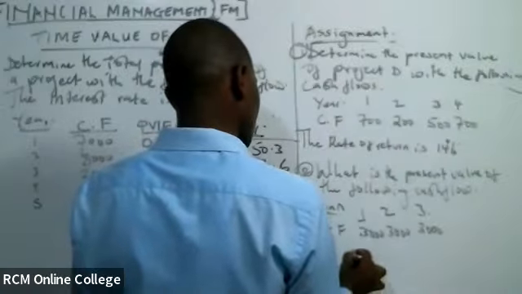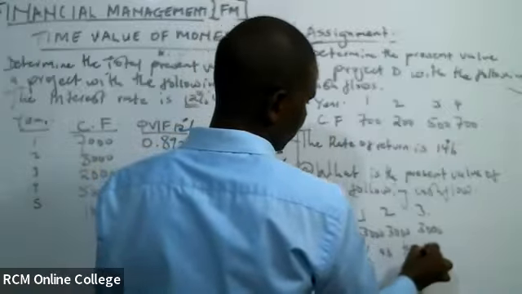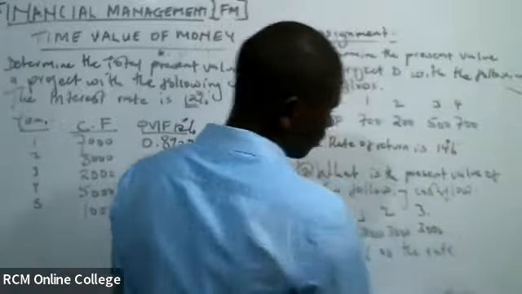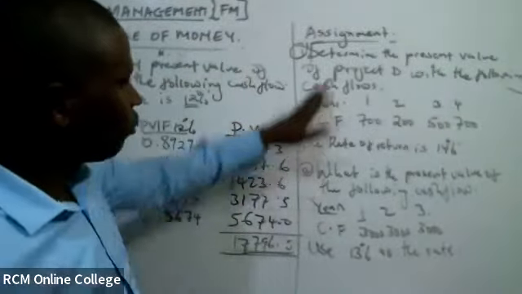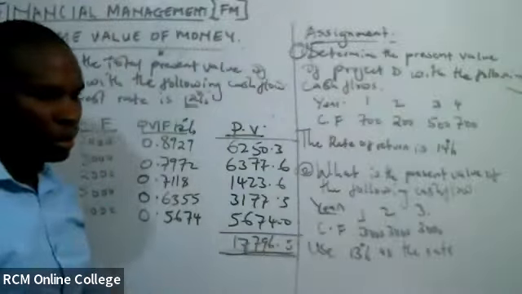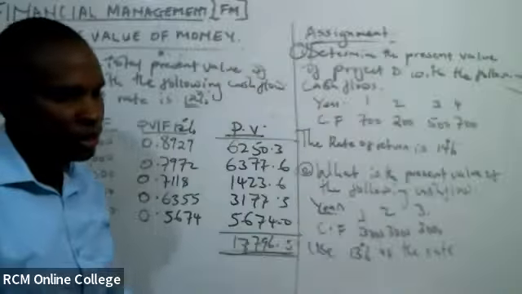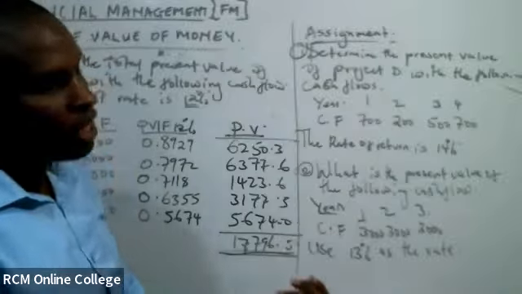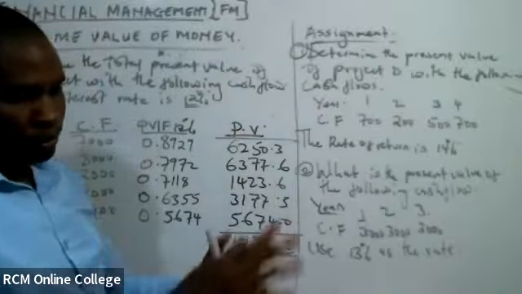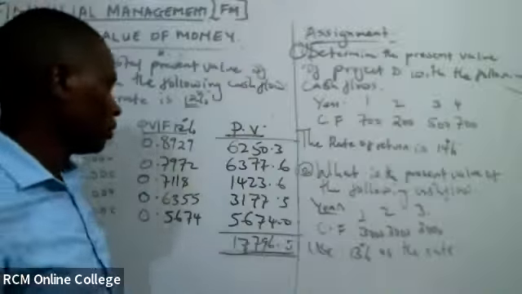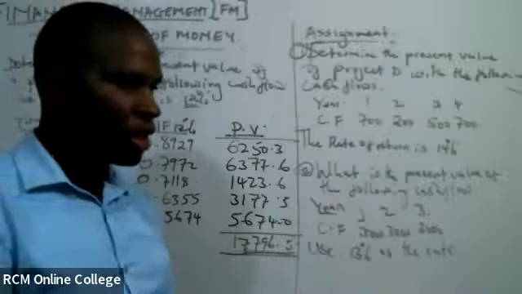Use 13% as the rate. So use 13% as the interest rate. So you do that too, and then you share. As we say that once you do any assignment, you are required to share in the group. You just take a picture and share in the group. So you can do that too. Questions and share in the group.